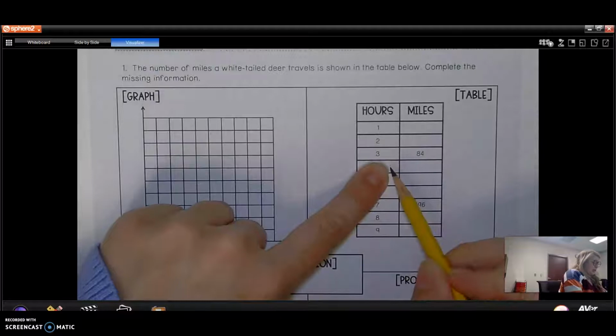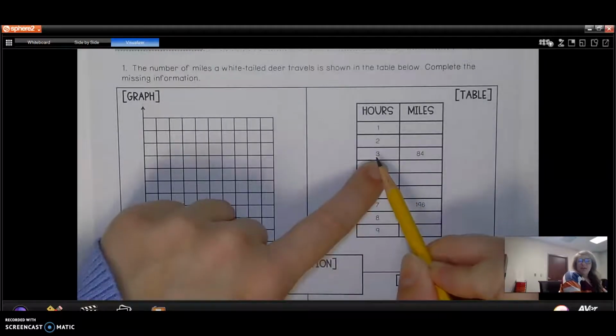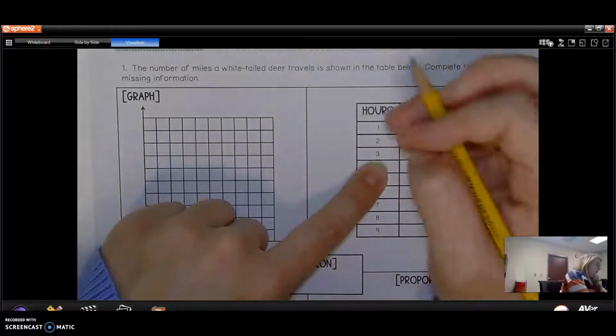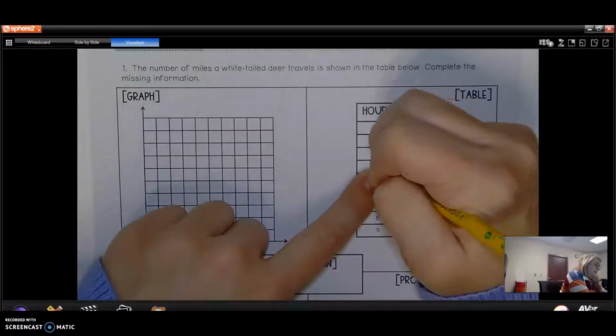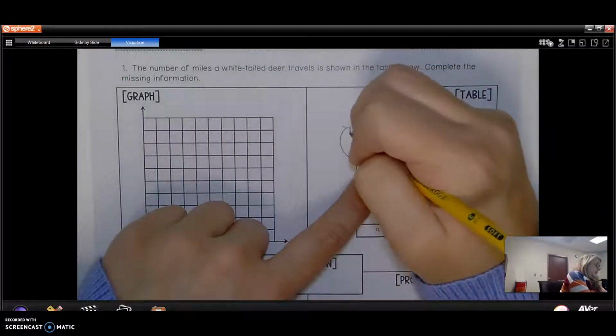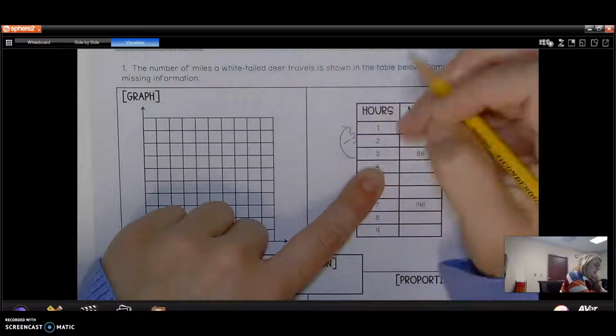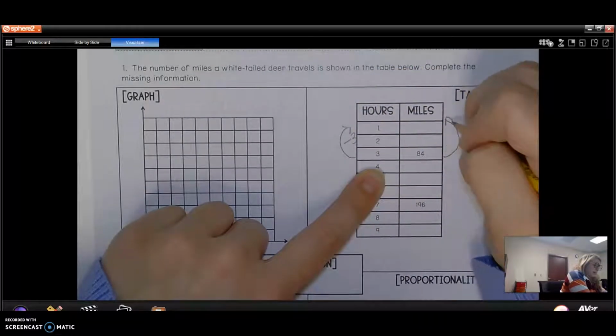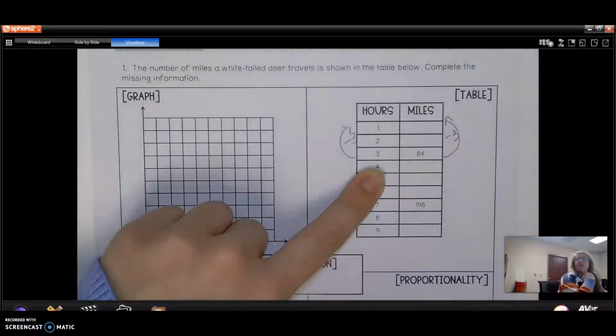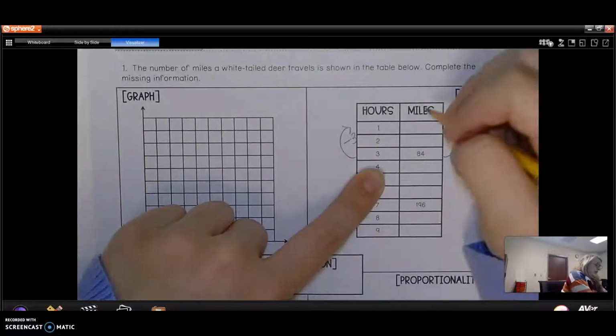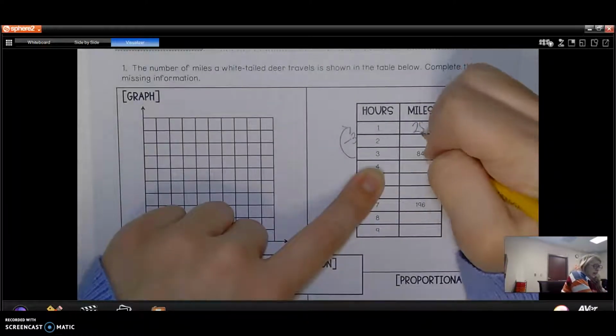So really, I'm looking for a unit rate. If I know in 3 hours that they travel 84 miles, I need to know how many they travel in 1 hour. So to get from 3 to 1, I could divide by 3. But I have to do the same thing on this side. So 84 divided by 3 is going to be 28.